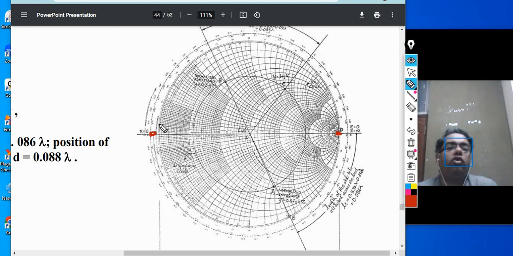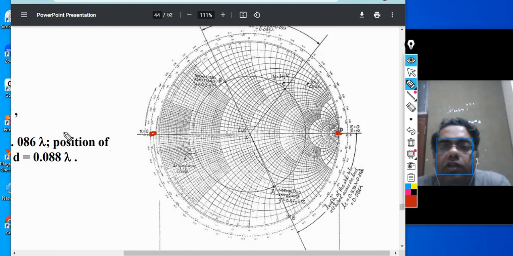But when we talk of admittance chart, it is reversed. That means this point becomes the short and this becomes open.